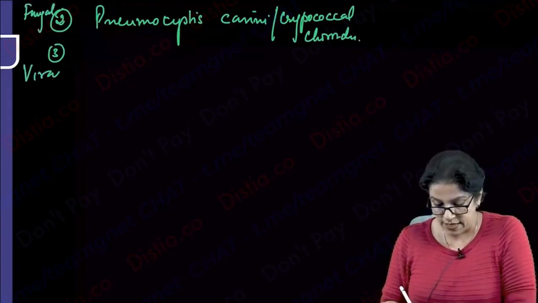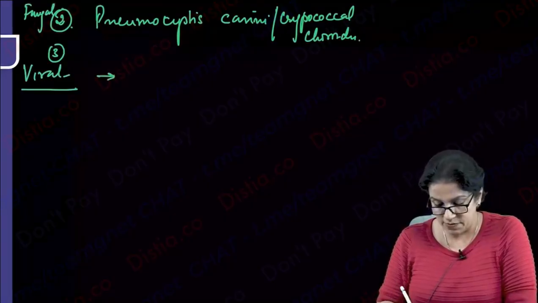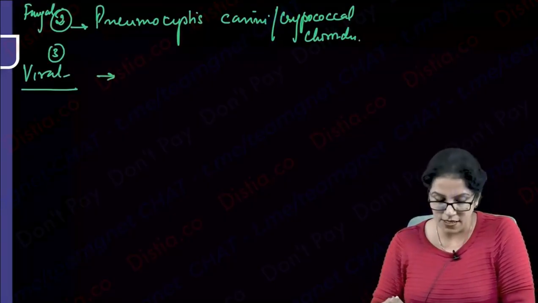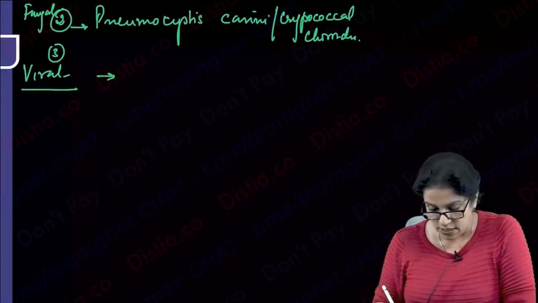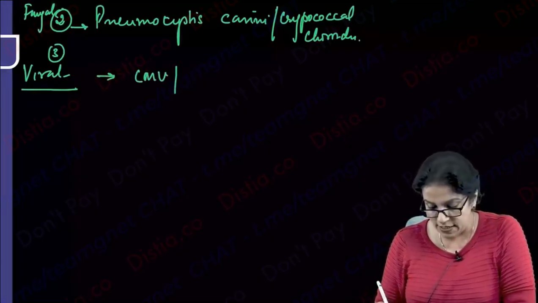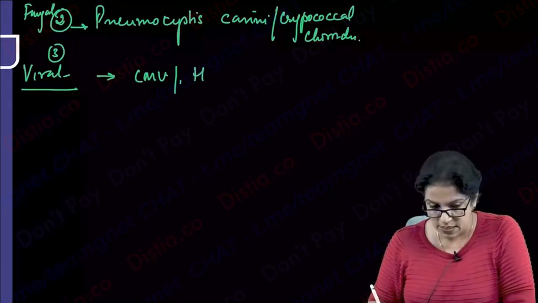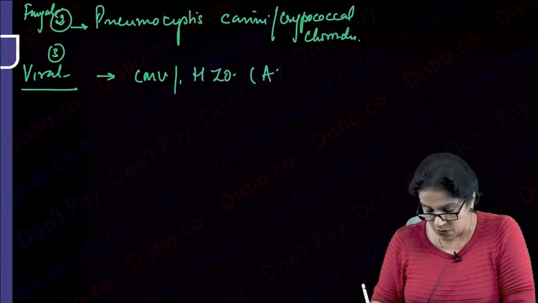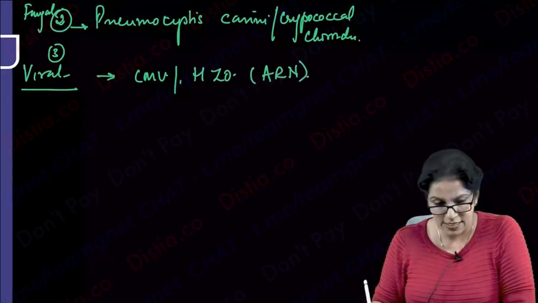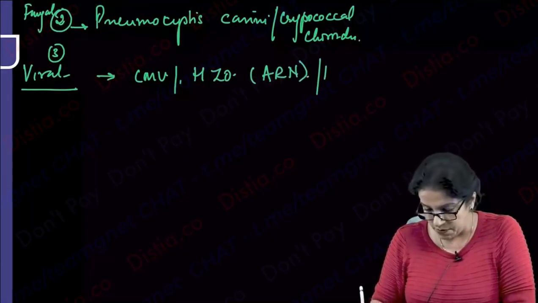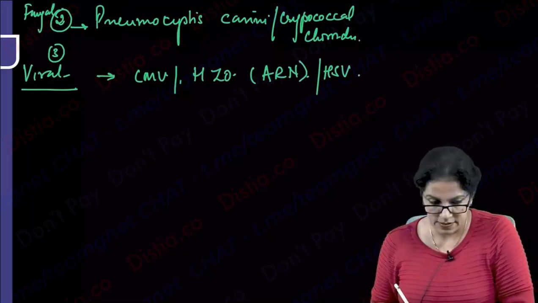What can be the other viral opportunists? If we classify this way, it is easy to learn. For viral, along with CMV, other opportunists will be herpes zoster, which causes acute retinal necrosis, and it could also be herpes simplex virus infection.